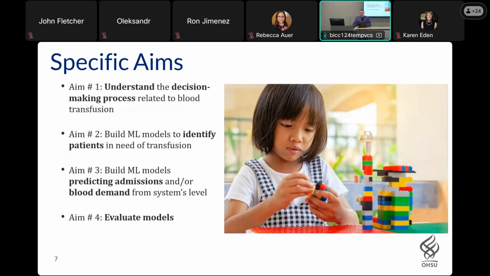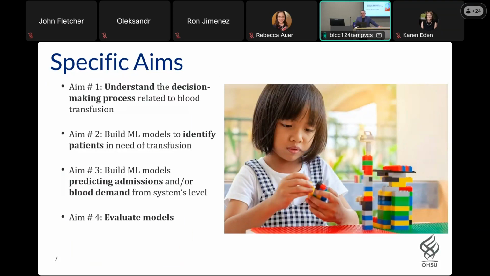And with that, we are moving into the specific aims for my research. Very much like this picture suggests, we are going to lay the foundation and use my aims, like goals, putting them together until we get some results. My first aim was to understand how the decision-making process is happening in the trauma bay.